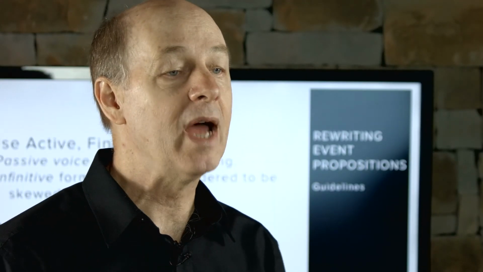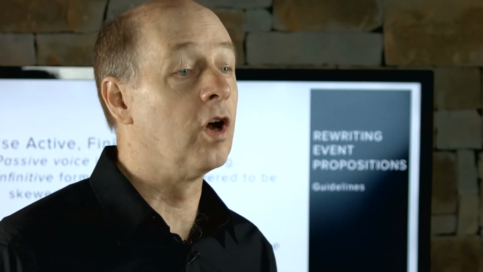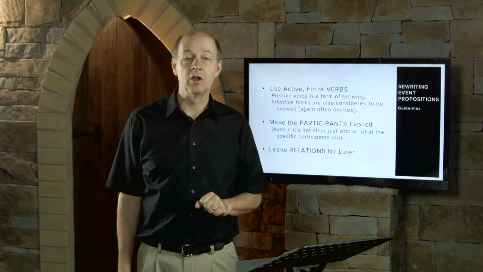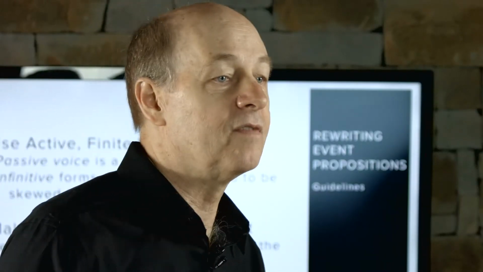Now, when we rewrite these event propositions in their non-skewed form, there are a few rules that we need to follow. First, we use active, finite verbs. Using active verbs simply means we will not use the passive voice. Passive voice is a form of skewing. And often with passive constructions, either the thing concept, the participants that are doing the action, are not stated at all, or they may end up being in a different part of the sentence.